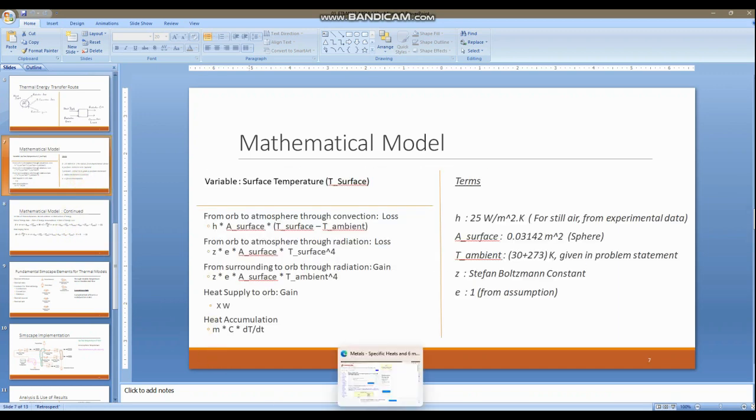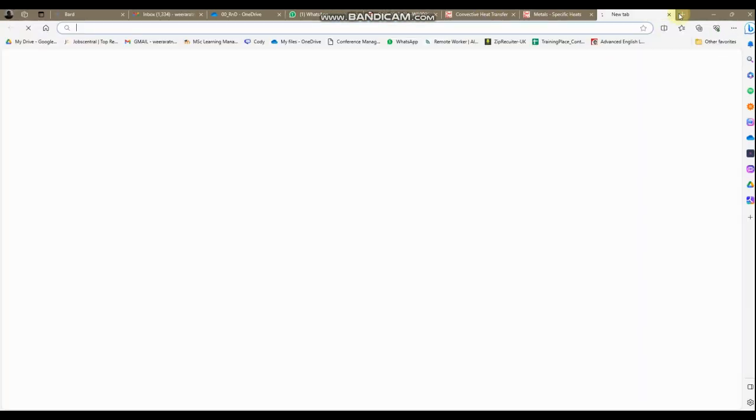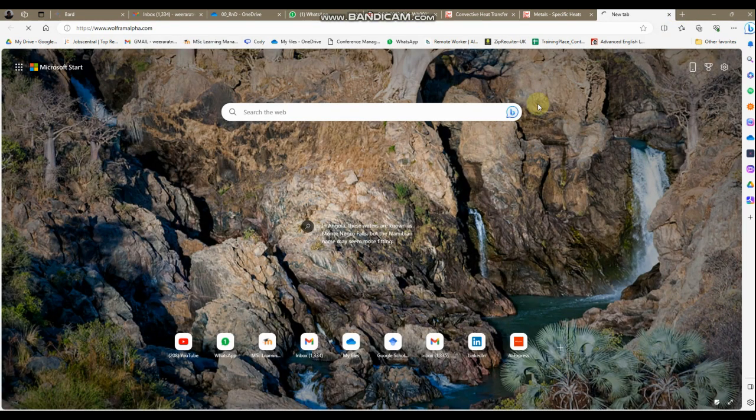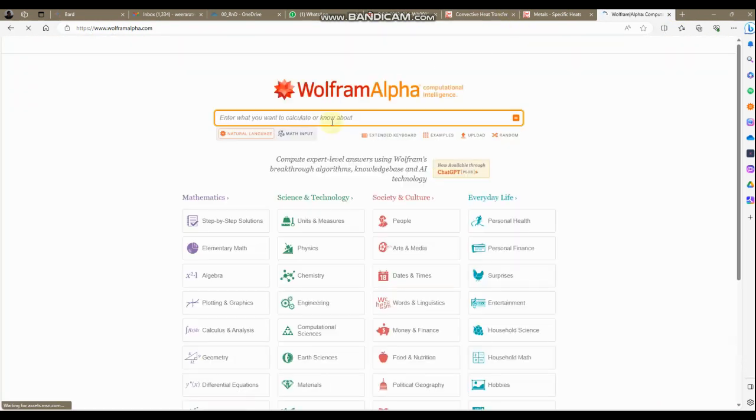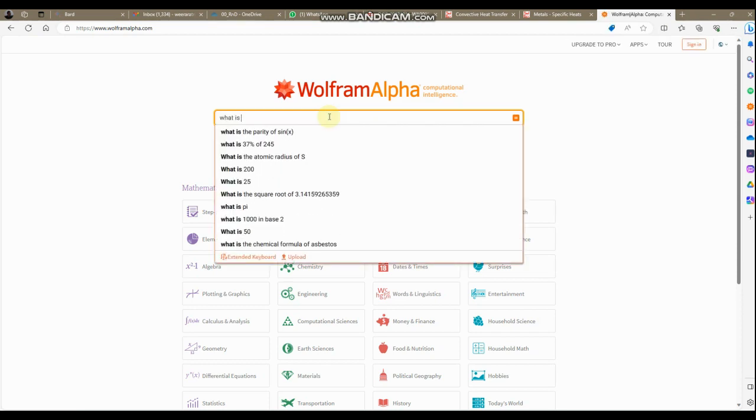And I think I gave a demonstration to you during the class about how to use Wolfram Alpha to quickly gain the mass of.